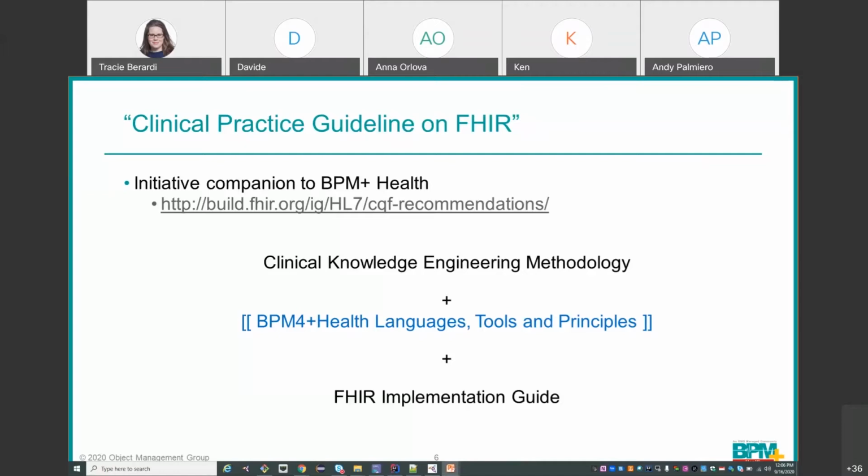There are really good engineering and clinical perspectives in both communities. We work with subject matter experts. BPM Plus brings to the table languages, tools, and principles that are mature across industry. HL7 has the clinical impact, FHIR, of course, the connection to the data. We need to work together.